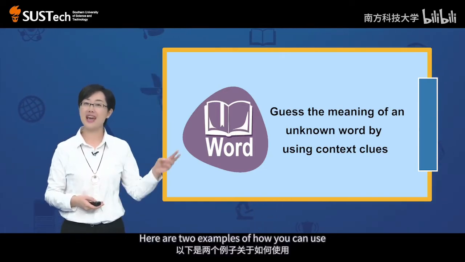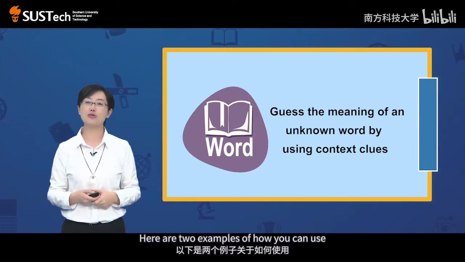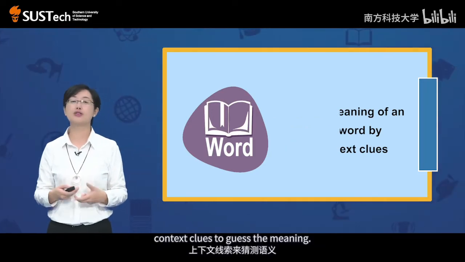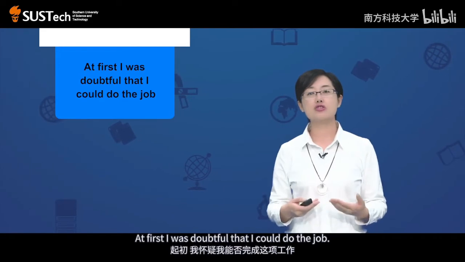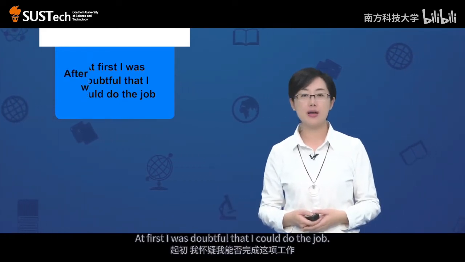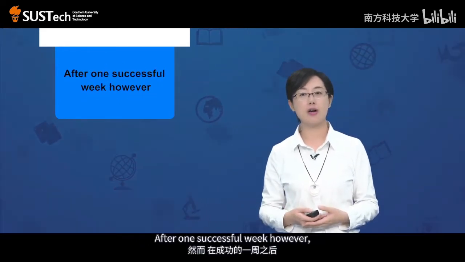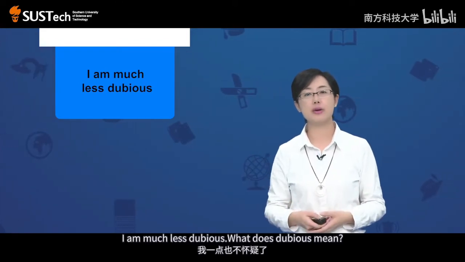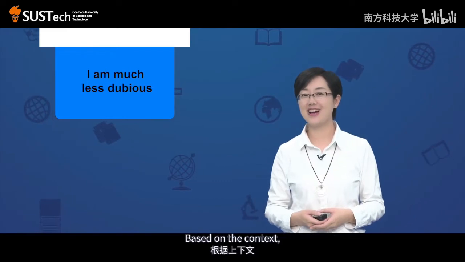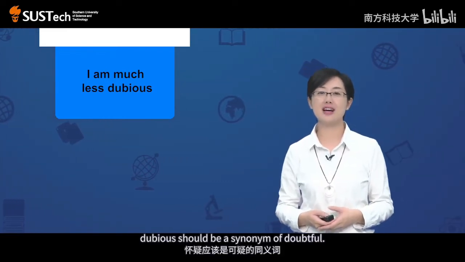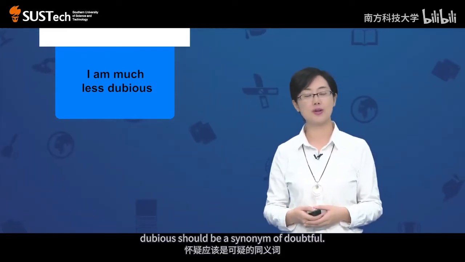Here are two examples of how you can use context clues to guess the meaning. At first, I was doubtful that I could do the job. After one successful week, however, I am much less dubious. What does dubious mean? Based on the context, dubious should be a synonym of doubtful.